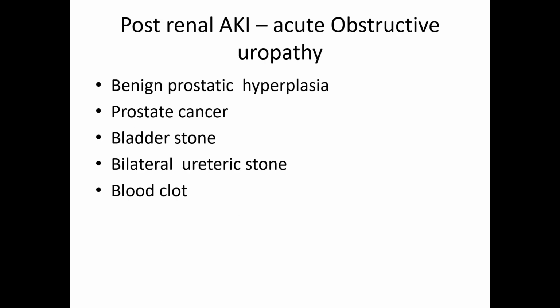Then there are certain post-renal conditions, where the kidneys are all right, but there is some obstruction of the renal outflow system, in conditions like benign prostatic hyperplasia, prostate cancer, bladder stone, and they are associated with infection.